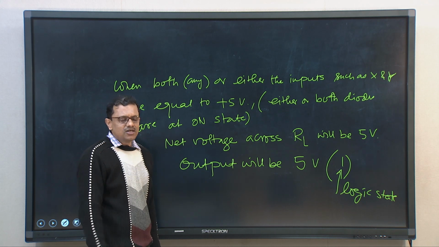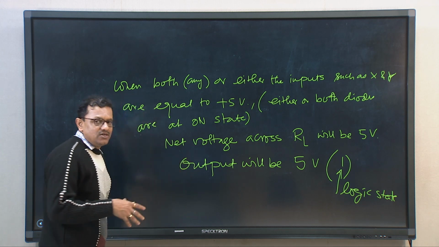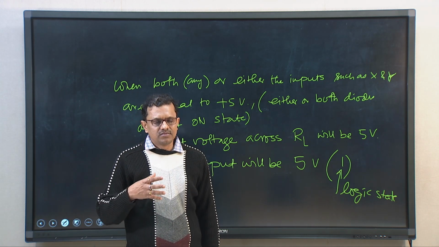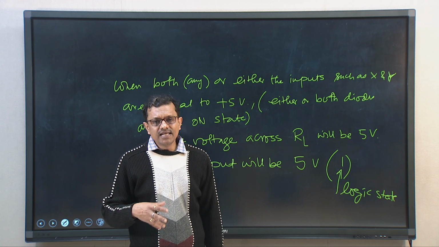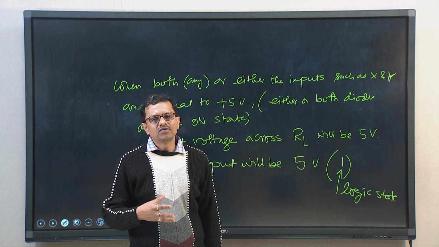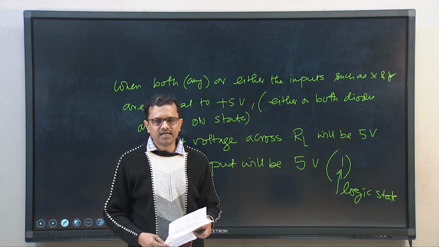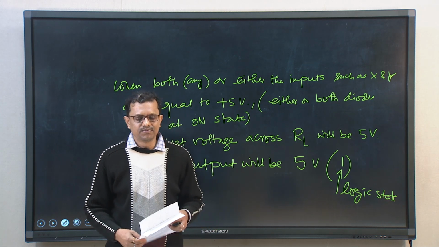So, basically we could retrieve the logic state. This is the electronic equivalent form of the logic gate, the OR gate that we have taken for today's example.